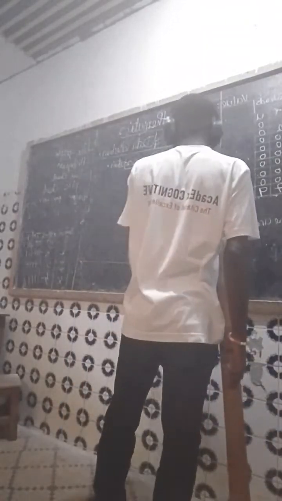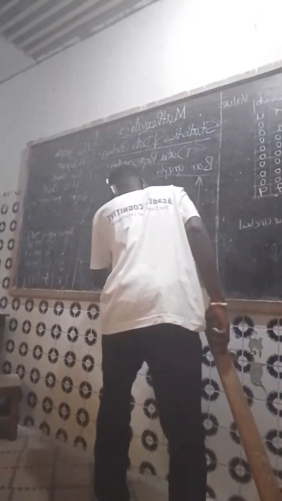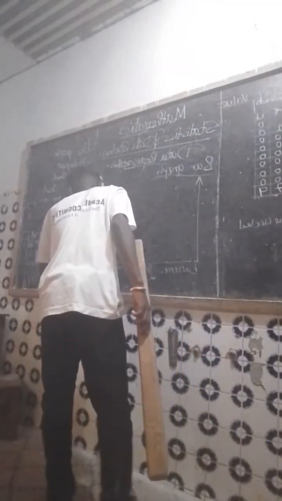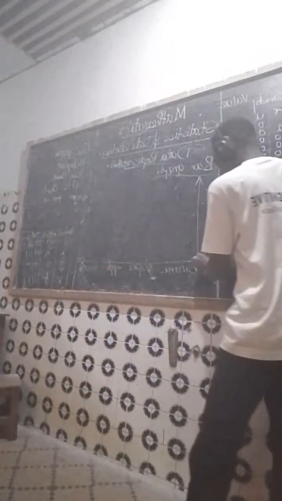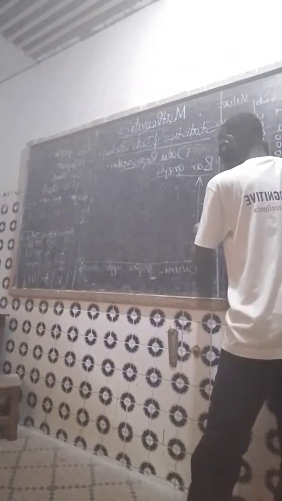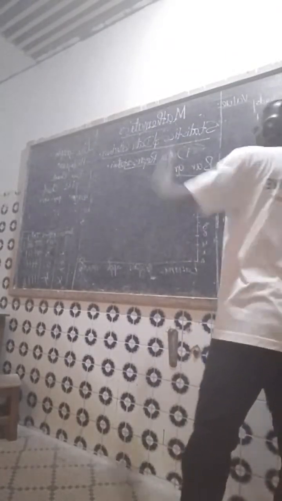After wiping, I will still draw it back. The other one now, the bar graph: banana, grape, apple, mango. Let me put 0, 2, 4, 6, 8, 10, 12, 14, 16, and so on.